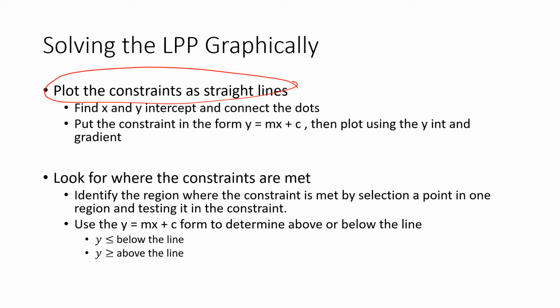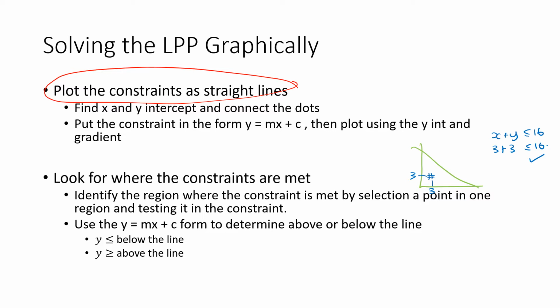The one is, for example, you have a constraint that looks like that. You can select a point over here, any point, and test it inside the constraint equation. If it actually fits the constraint, say you had x plus y must be less than or equal to 16, just a random constraint, and you have this is 3 and this is 3, and we put that in, we have 3 plus 3 is less than or equal to 16.